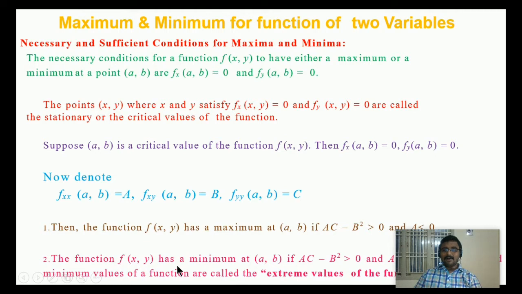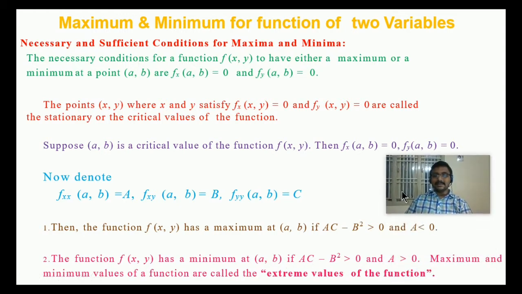The function f of x, y has a minimum value at the point (a, b) if AC minus B square is greater than 0 and A is greater than 0. Maximum and minimum values of a function are called extreme values or extreme points of the function.